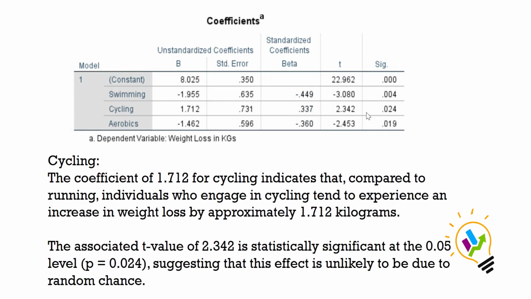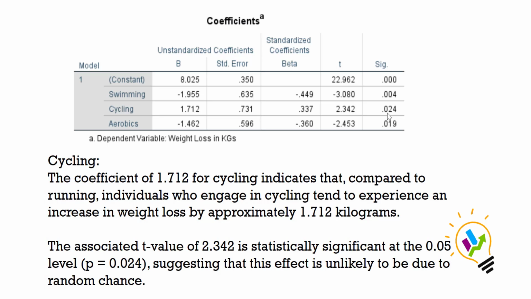Now we will do cycling. The coefficient of 1.712 for cycling indicates that compared to running, individuals who engage in cycling tend to experience an increase in weight loss by approximately 1.712 kilograms. And this is significant because the significance value in this case is 0.024, which is less than 0.05.